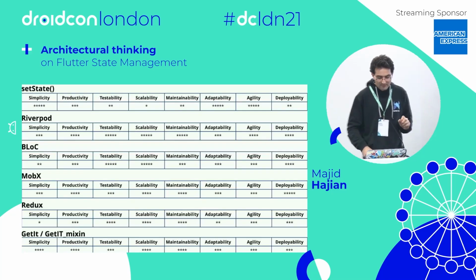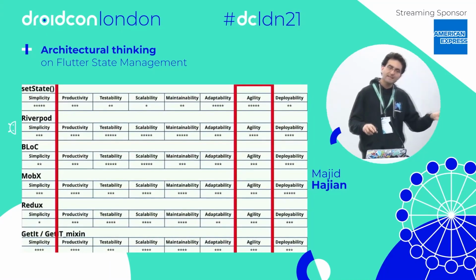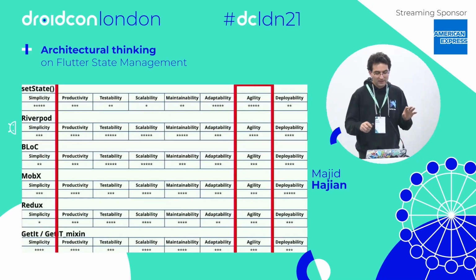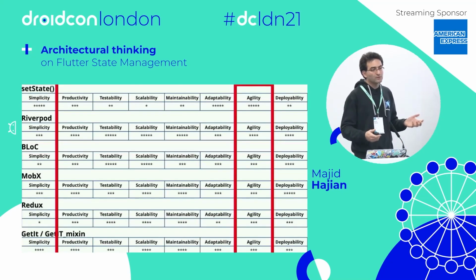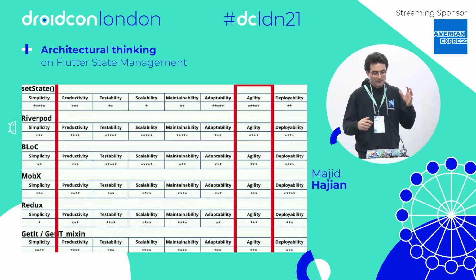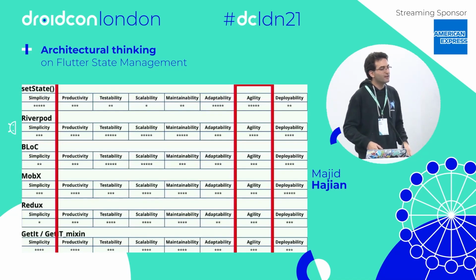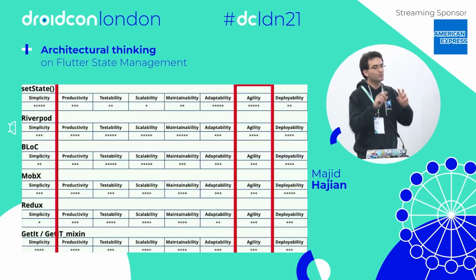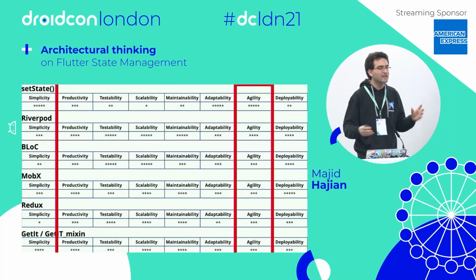For me, for this application, what was very important was simplicity and also agility. Because I didn't want to spend a couple of days just to realize what this package is doing under the hood, or how I can use the syntax. I just wanted to build my application in a day, because that is possible with Flutter, right?